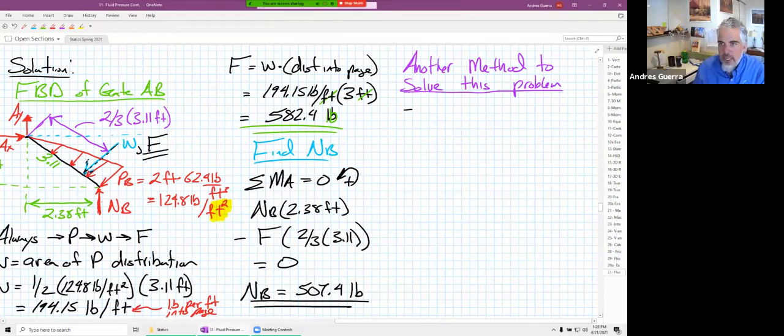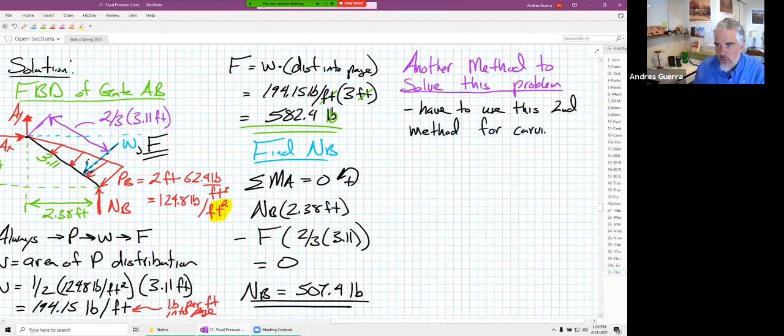Now, this method, the second method for curving surfaces, we're going to get into a little bit. You'll see a curving surface on your homework, and so we have to use this second method for curving surfaces.